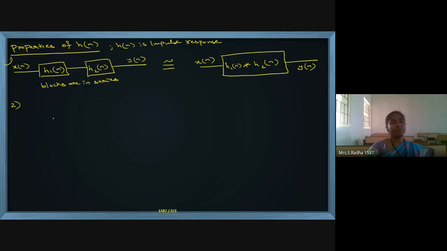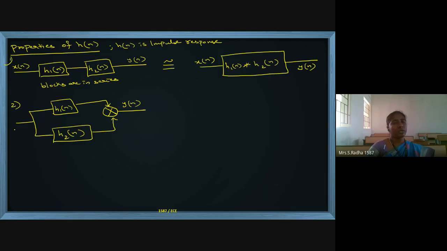If they are in parallel, one below the other, you see here h1 of n, h2 of n. If the two blocks are in parallel, and you are giving the same input for both the blocks, and you are collecting the outputs, and the overall output is y of n, overall input is x of n, this is exactly equivalent to adding them.